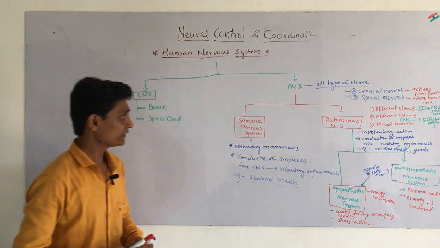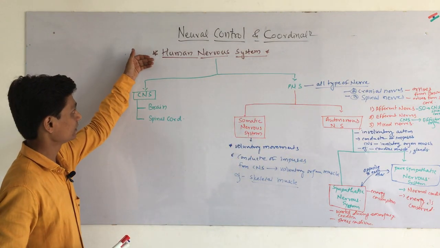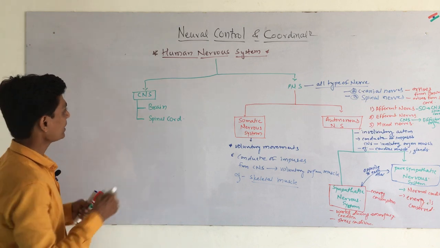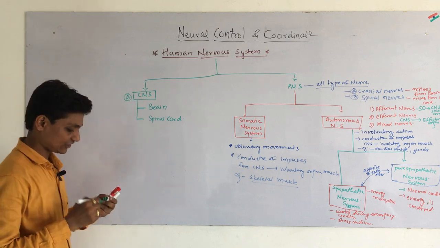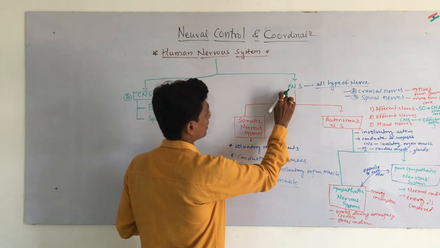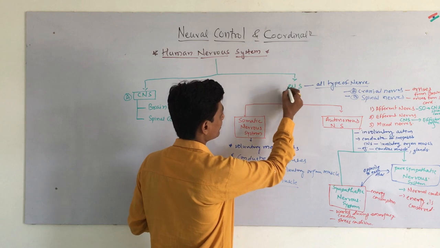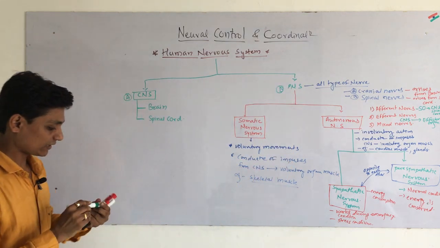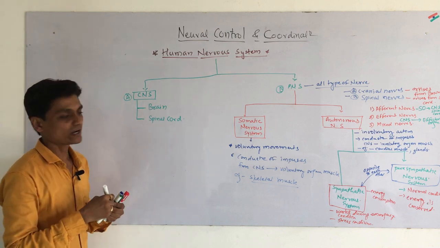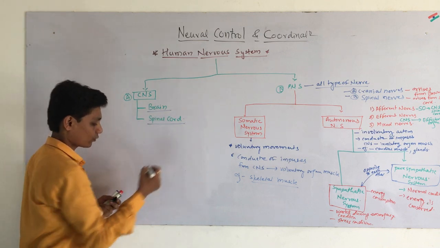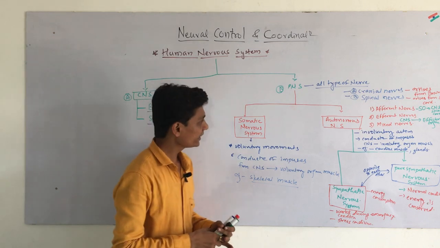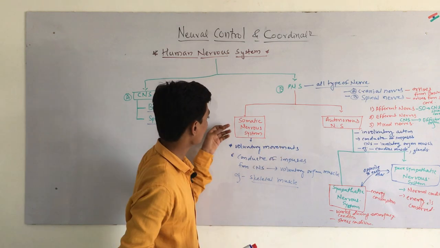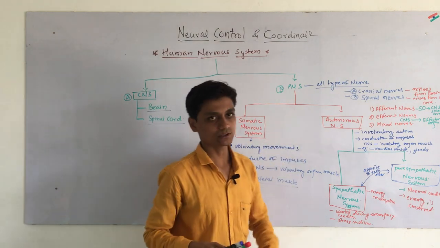So at this point we will summarize: the human nervous system is composed of two main parts, first the CNS and second the peripheral nervous system, known as PNS. CNS has two main parts, the brain and spinal cord, while PNS is also composed of two main systems, the somatic nervous system and the autonomous nervous system.